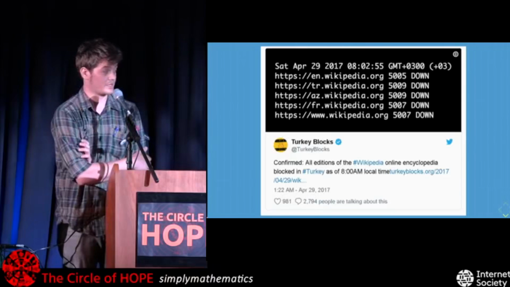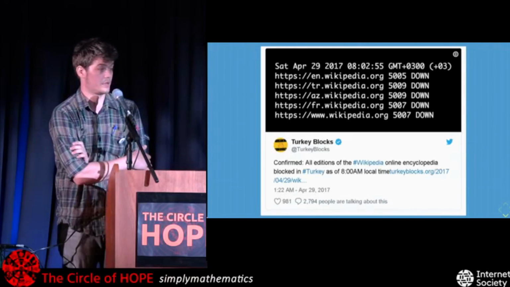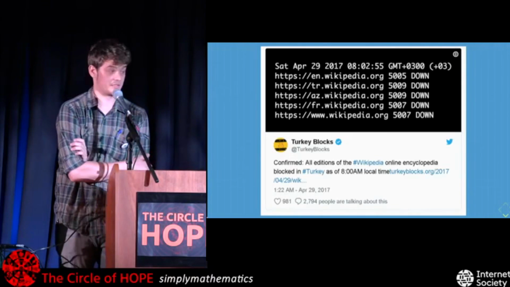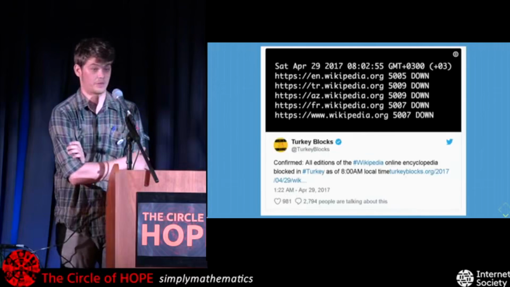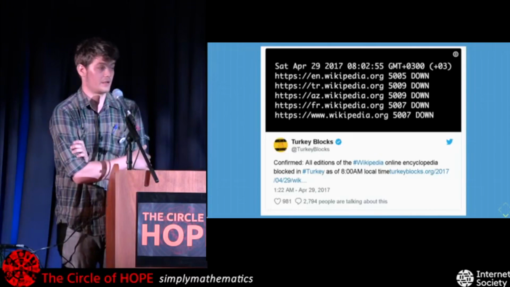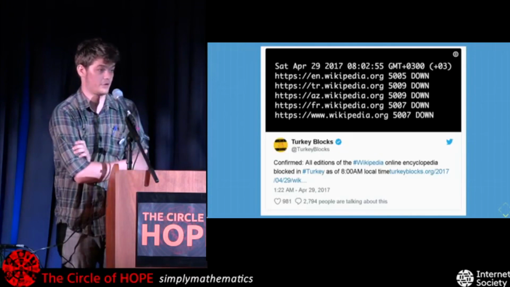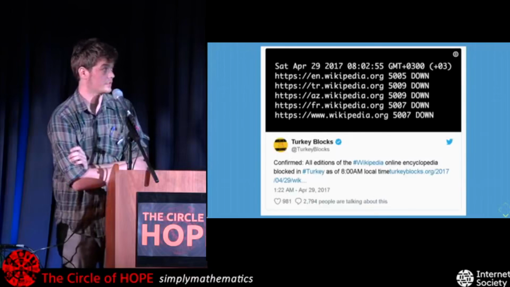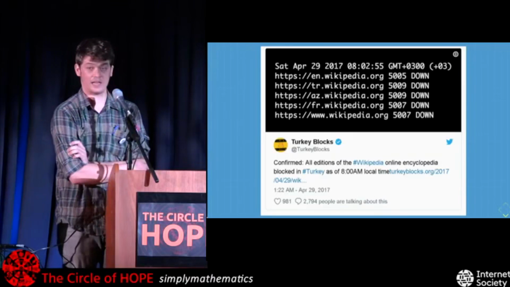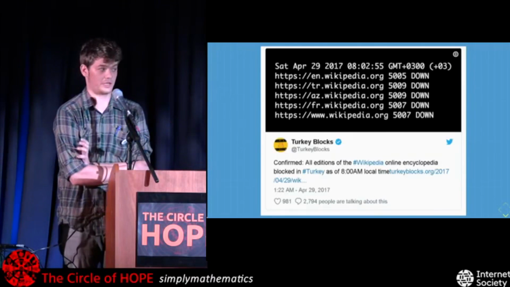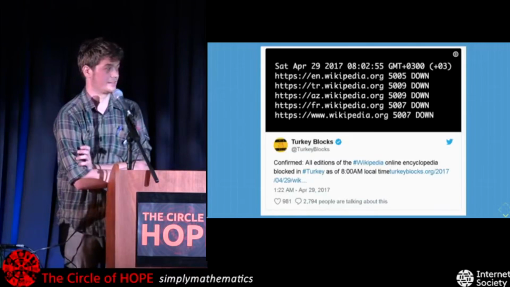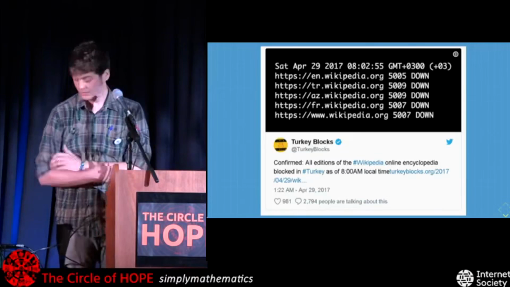It was blocked in particular because there is a Wikipedia article that had a bunch of evidence of the Erdogan regime working with ISIS and training people in Turkey to then go fight across the border against the Kurds. Erdogan reached out to Wikipedia and said, hey, I need you to take that down. Wikipedia goes, I don't think you understand how Wikipedia works. And so Wikipedia got banned.